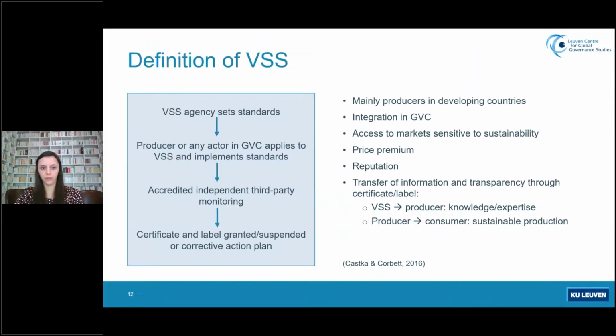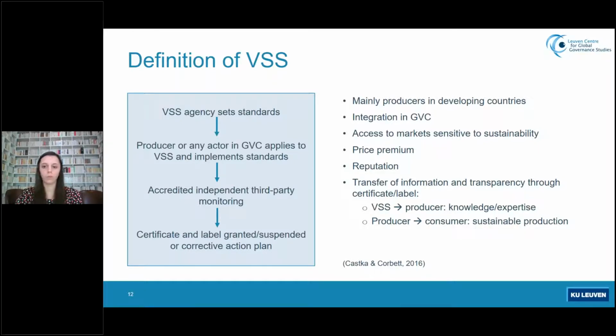Okay, so that's for the definition, but how do they work concretely? So as we said, first, a VSS agency develops a set of sustainability standards, and a producer or any other actor along global value chains can then apply to the scheme, and therefore has to implement the sustainability standards into his production practices.